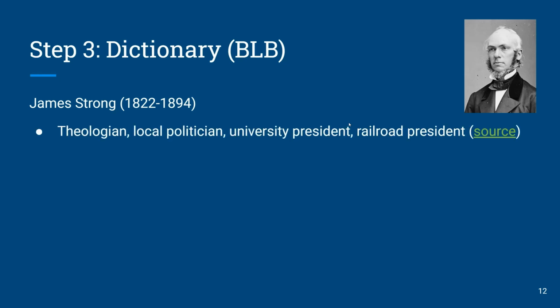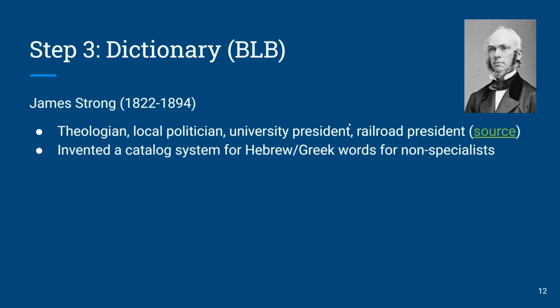He was many things, among them a theologian, and when he was doing his Bible study work, he did something very helpful. He invented a cataloging system for Hebrew and Greek words so that non-specialists like myself, and maybe perhaps you, can refer to Greek and Hebrew words in an easy way without having to know how to read them or how to pronounce them or how to know what they mean.